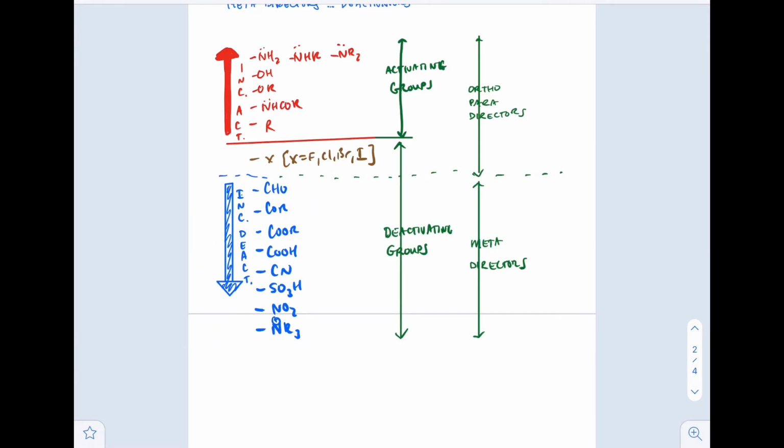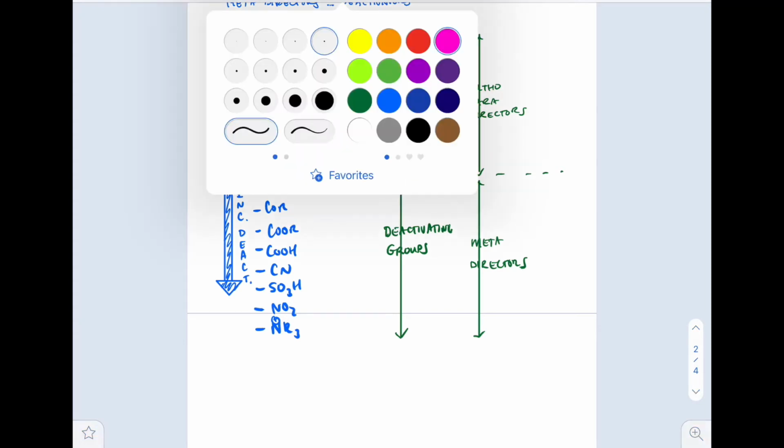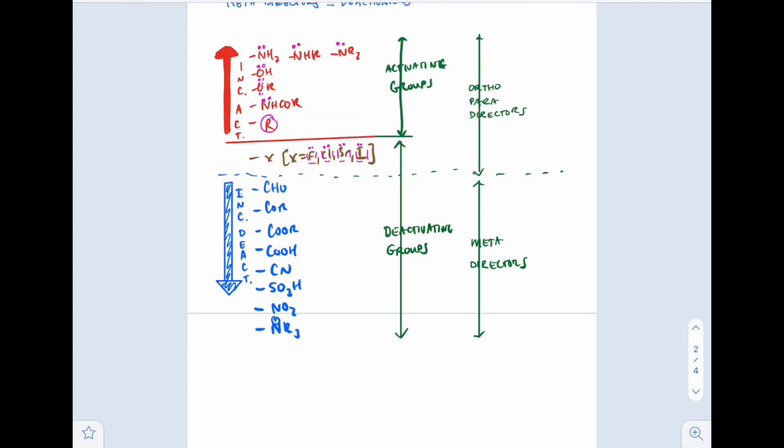Now, the blue, as you can see, that arrow is increasing in deactivation. Okay, and that means that CHO, of course, is an aldehyde, as you go all the way down to an ammonium group on the bottom. Okay, now the dotted line represents the separating point between ortho-para directors and meta directors, because although halogens are electron withdrawing inductively, they can actually donate with their lone pairs.